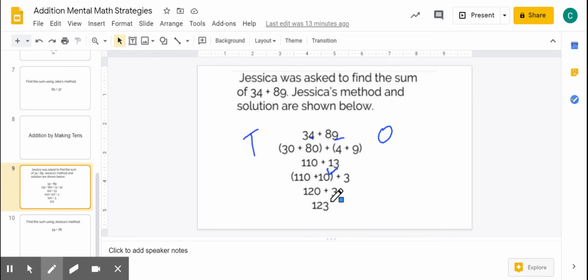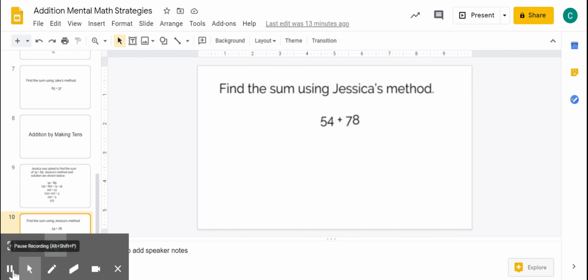Let's try this method with our last example in the video. Alright, let's find the sum using Jessica's method. We are going to look at the numbers 54 and 78. We are going to write those numbers in expanded form.